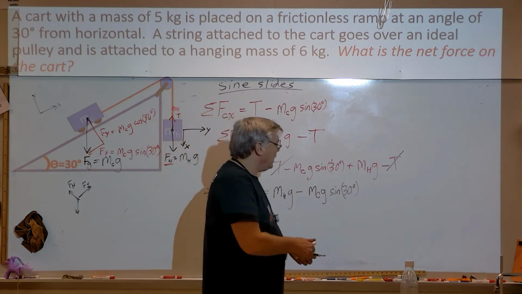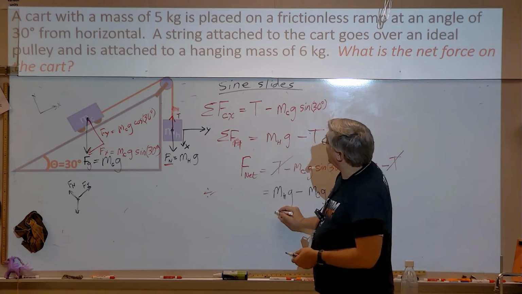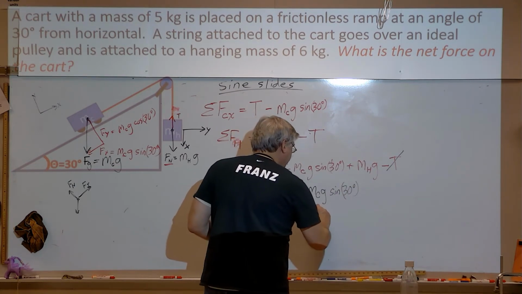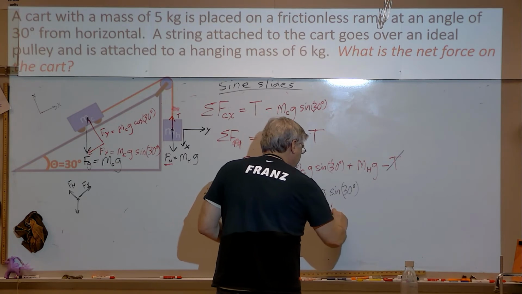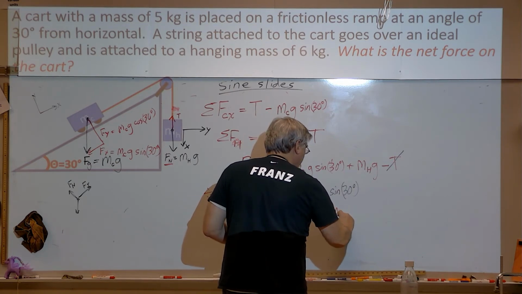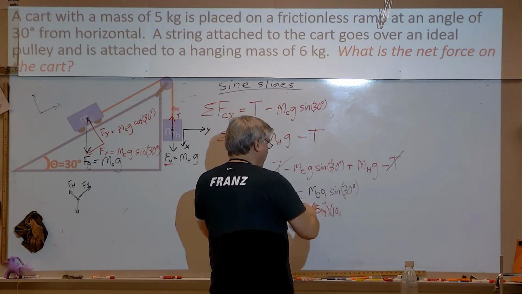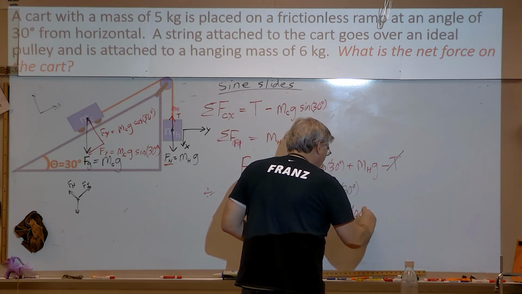So now let's substitute in the numbers. We have the cart with the mass of 5 kilograms, that's this over here. So 5 kilograms times 10 for gravity, meters per second squared, and then times 0.5.